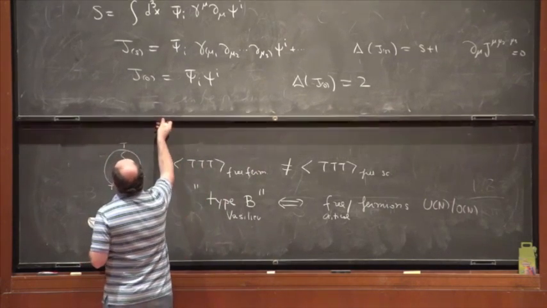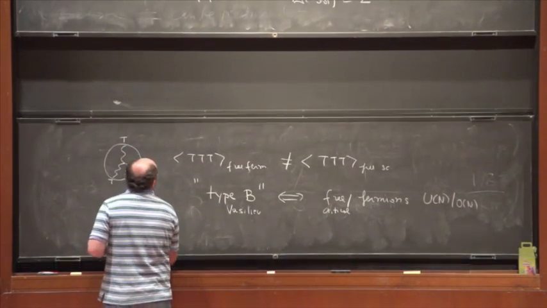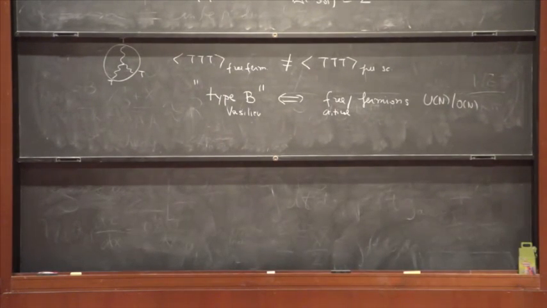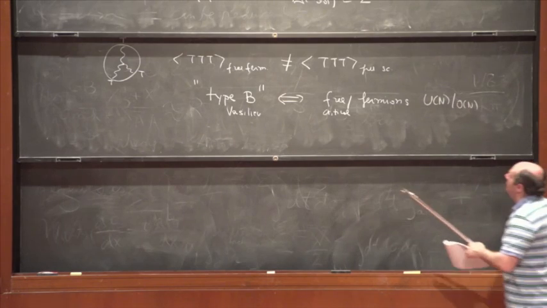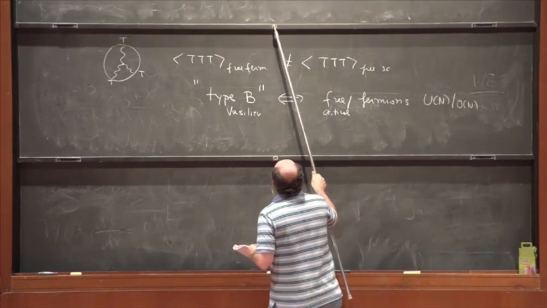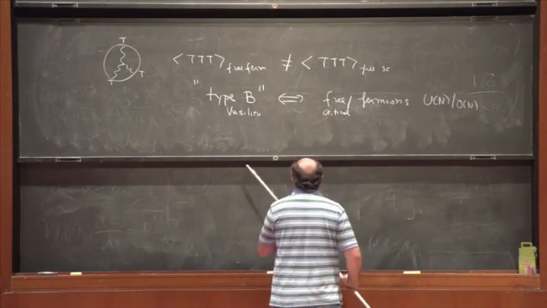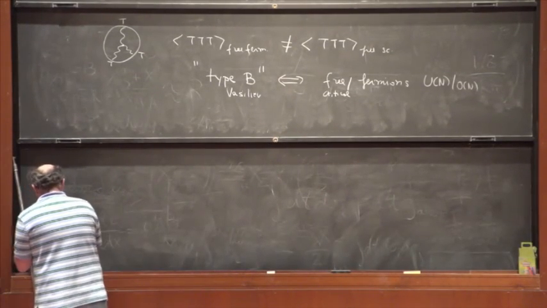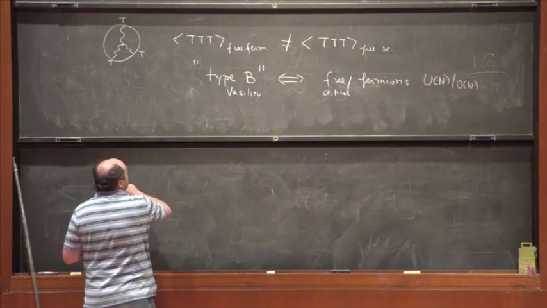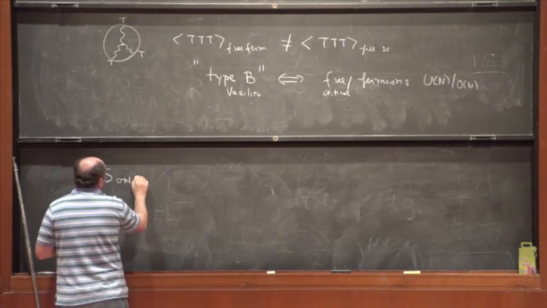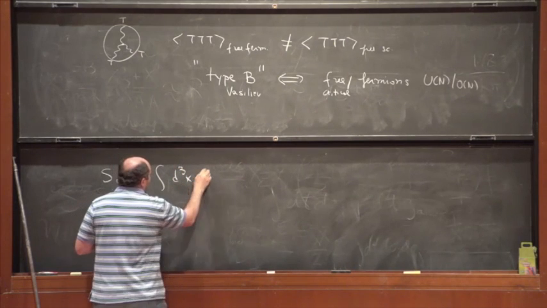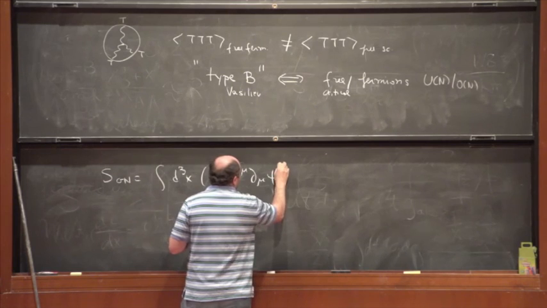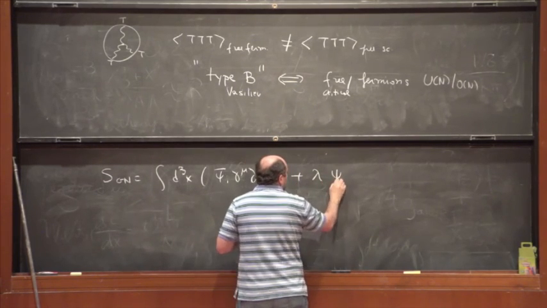And again, the way that you can get an interacting theory is to consider the Gross-Neveu model, where you add a quartic interaction.